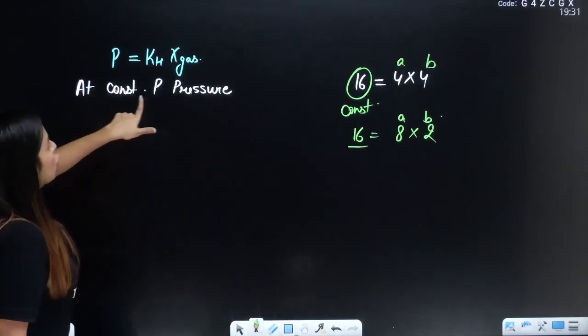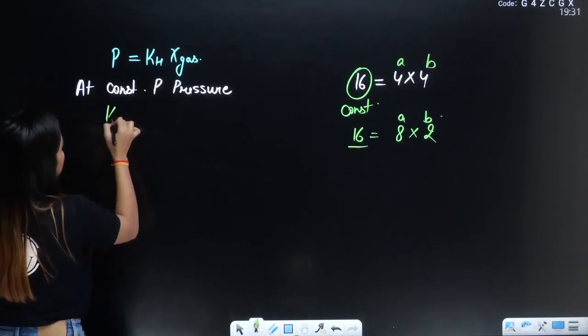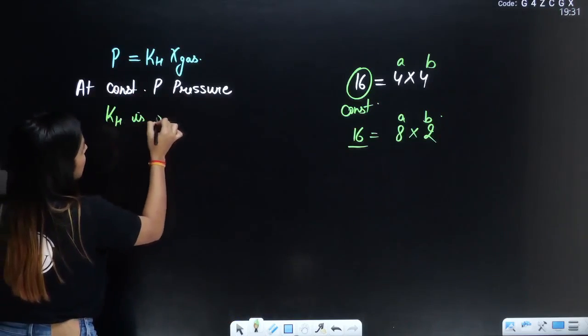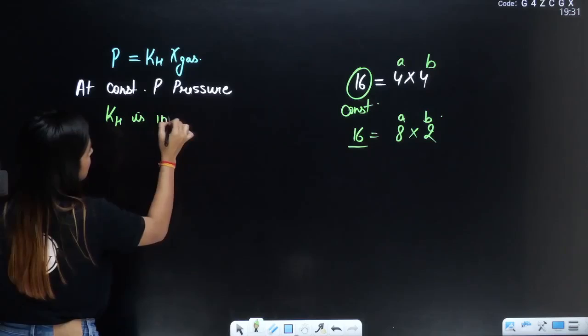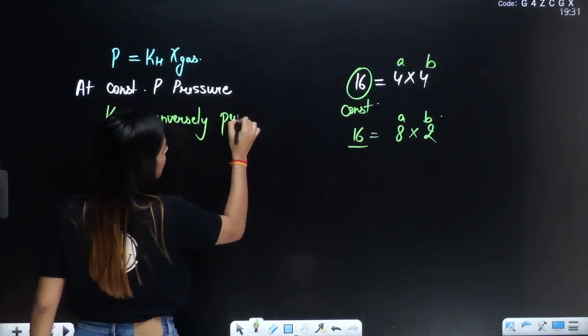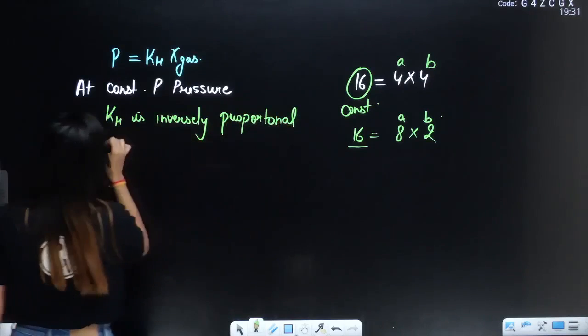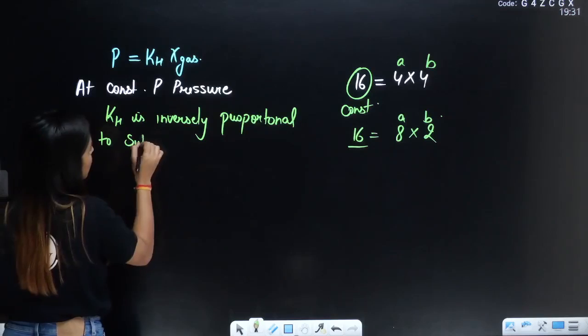So at constant pressure P, KH is inversely proportional to the solubility of gas.